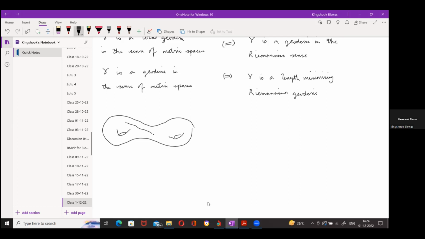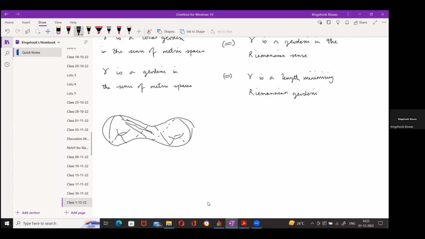There will be one length minimizing one, and lots of others which do all sorts of things before coming around. They could go around like this and like this, quite a long geodesic, before finally closing up and coming here.